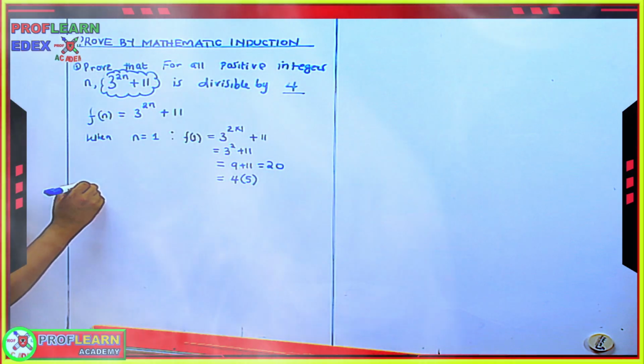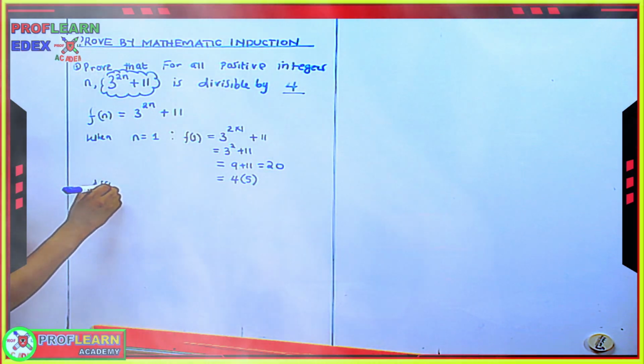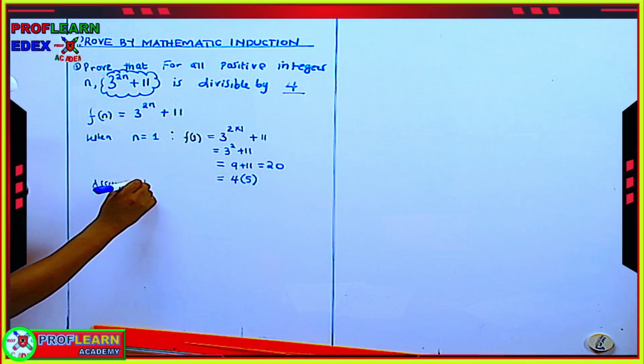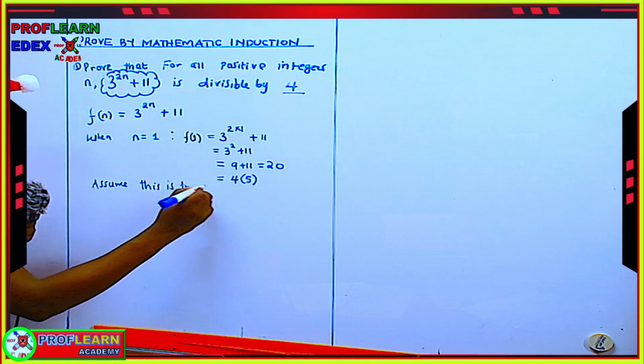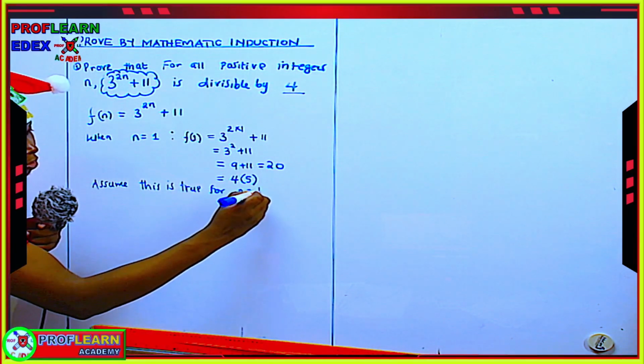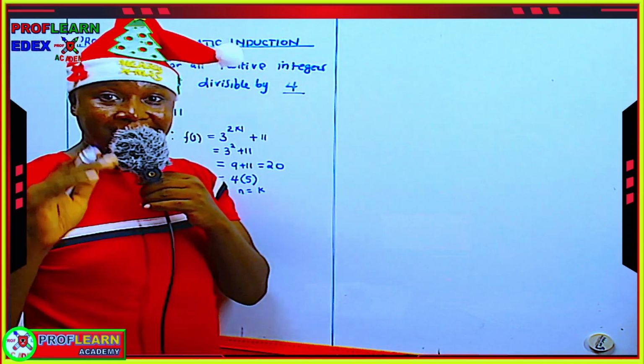Then we're going to move on and assume this is true for n equals k. This is what we call the assumption stage.